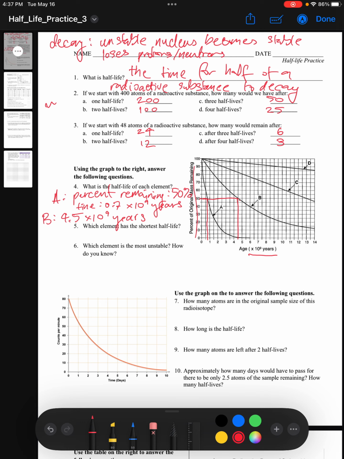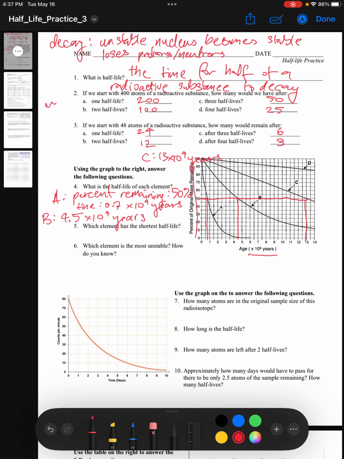You can follow the same procedure for element C and element D. For element C, what is the time that it takes when it is 50% remaining? For C, it is 13 times 10 to the power of 9 years.